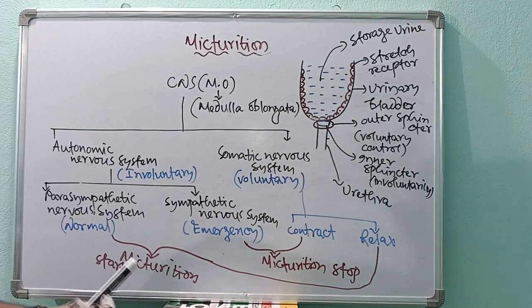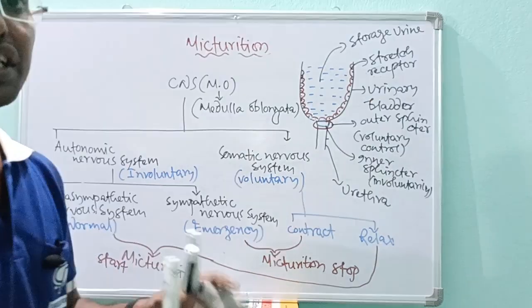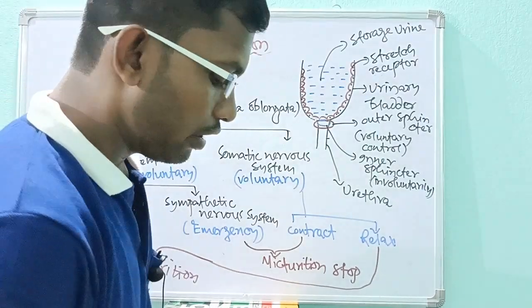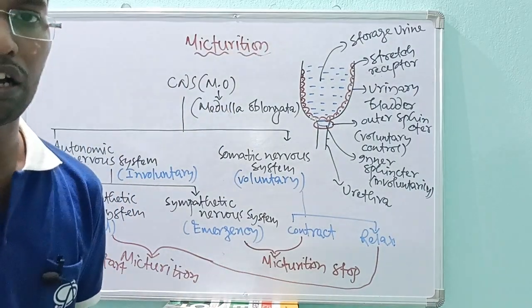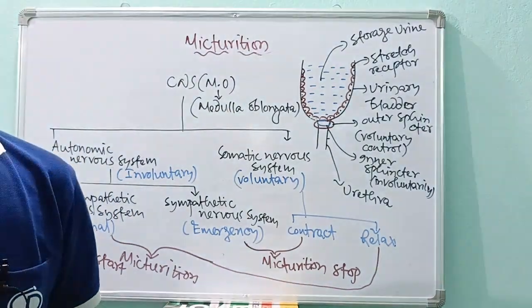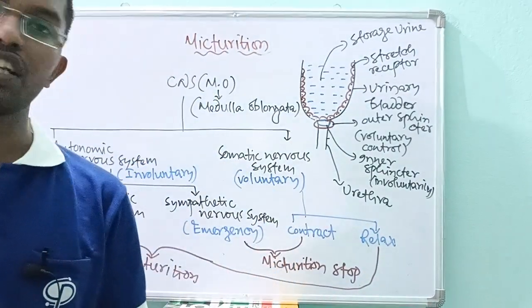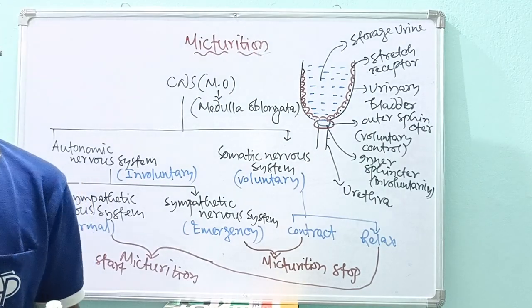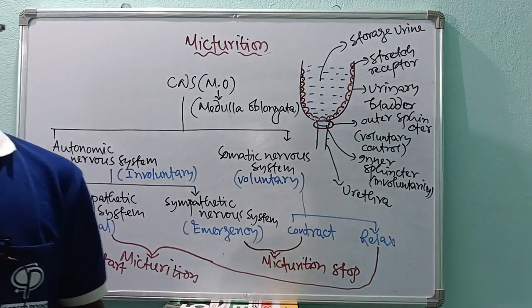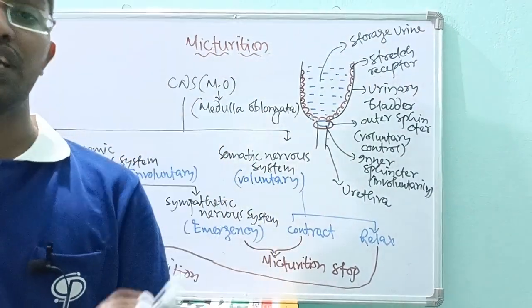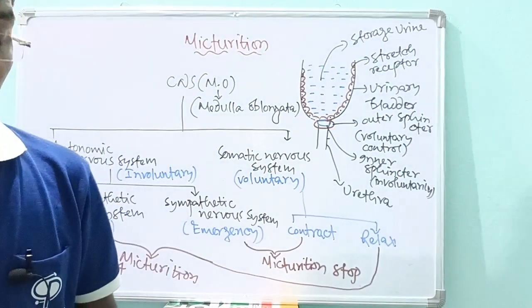Let's see how this mechanism exactly happens in our body. First of all, the urinary bladder has a fixed size and shape. That's why it can store a sufficient amount of urine that is filtered by the kidney.